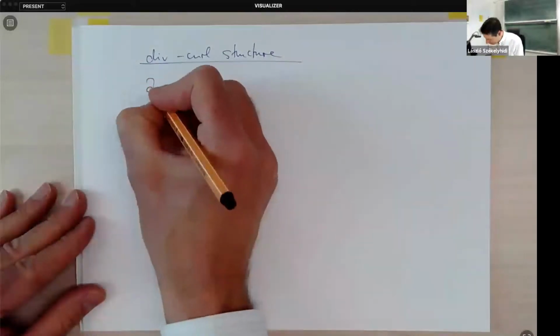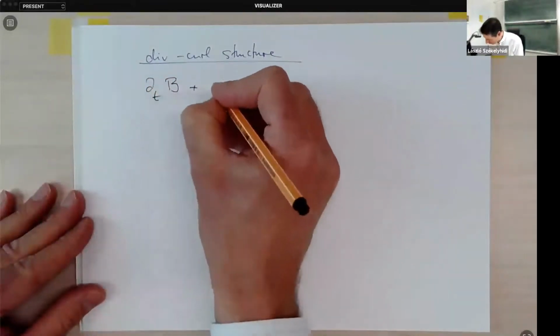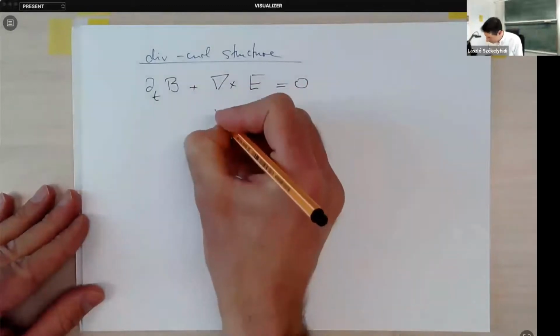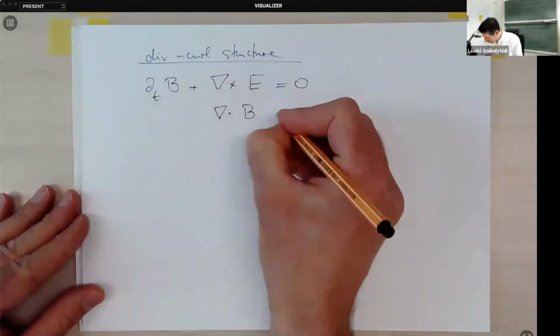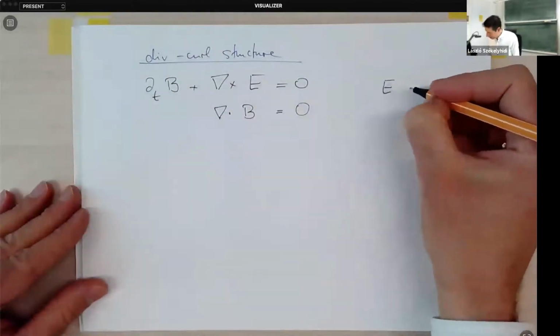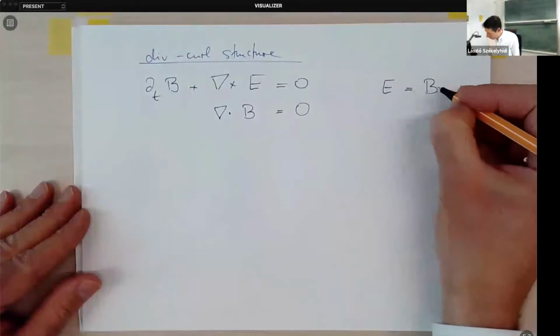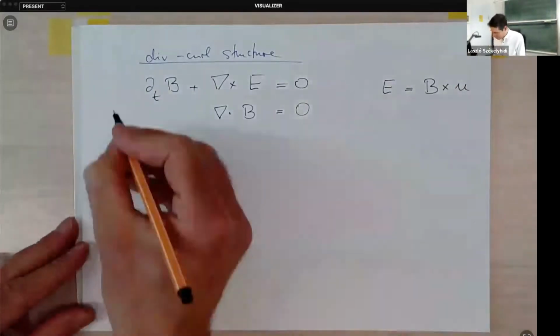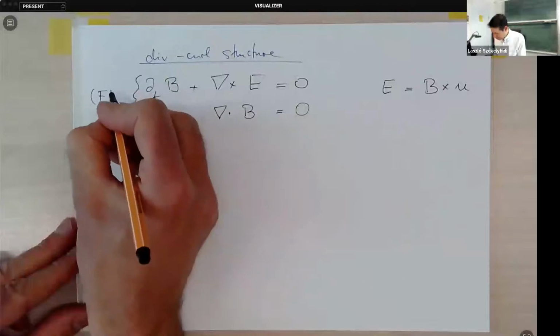So here, the diff-curl structure is completely obvious. It's the Faraday system. It's already in diff-curl form. You have, and of course, E in the ideal case by Ohm's law is given by U cross B, or B cross U. So this would be the Faraday system.